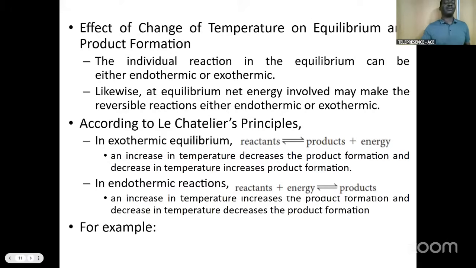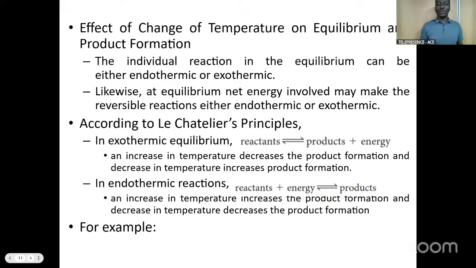However, an endothermic reaction is a reaction that involves gaining of heat, absorption of heat. So in one word, heat, or energy, is part of the reactant for an endothermic reaction. And that is what I've illustrated here.